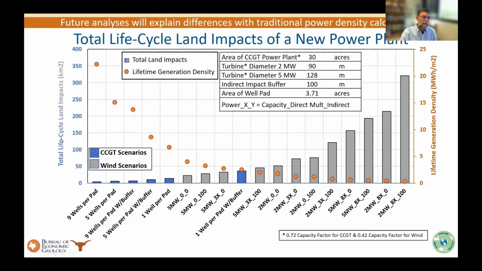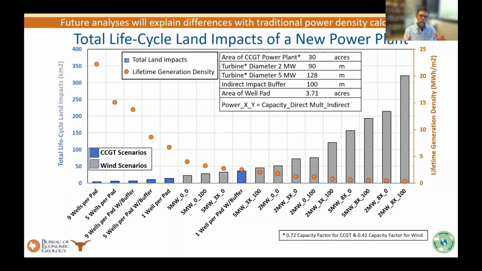On the left axis is the total land that's going to be used over the 30-year period, and on the right is a new parameter that we're proposing here. We're calling it lifetime generation density, and it's in units of megawatt hour per meter square.